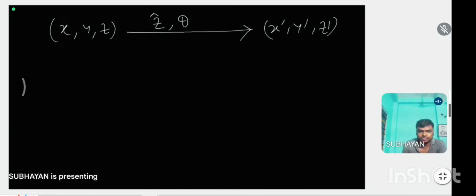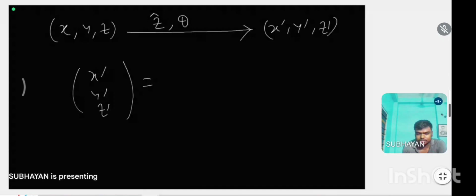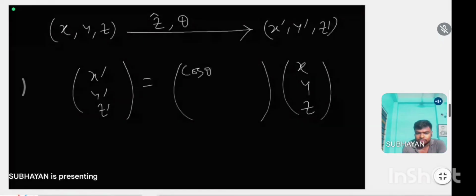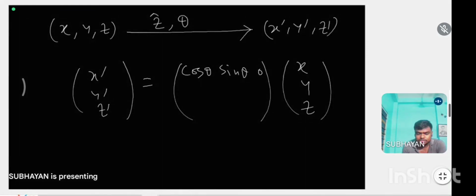It is very familiar to you: x prime, y prime, z prime is equal to x, y, z times the matrix cos theta, sin theta, 0, minus sin theta, cos theta, 0, 0, 0, 1. That means the z coordinate remains constant.